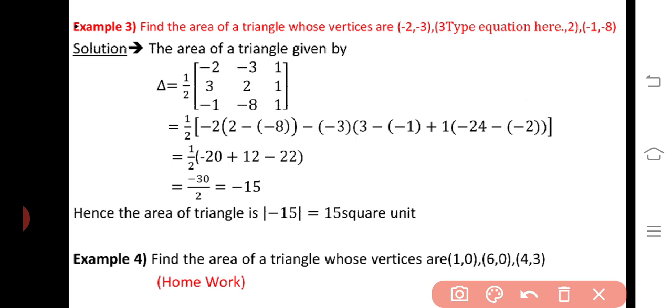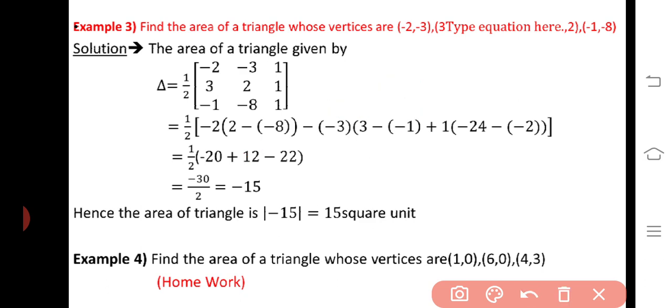If you simplify this: minus 8, minus of minus is plus 8, 8 plus 2 is 10, 10 into minus 2 is minus 20. Minus of minus 3 is plus 3, 3 minus of minus 1 is plus, 3 plus 1 is 4, 4 into 3 is 12.